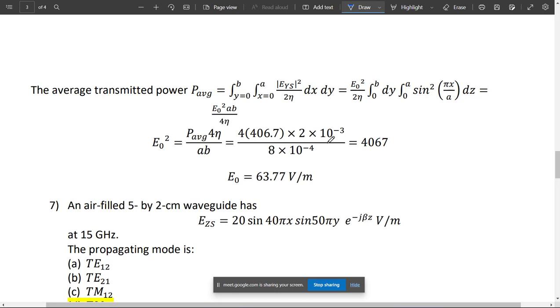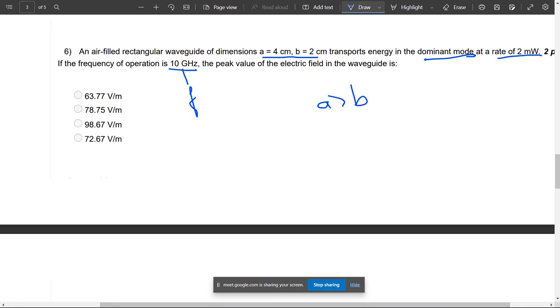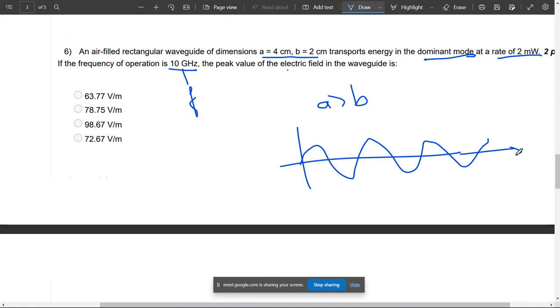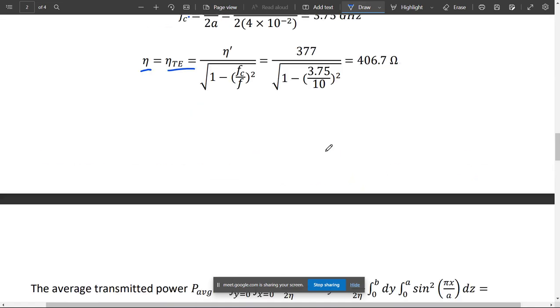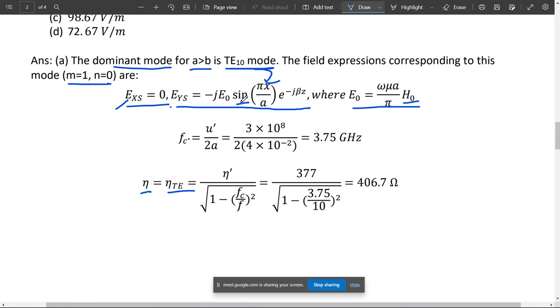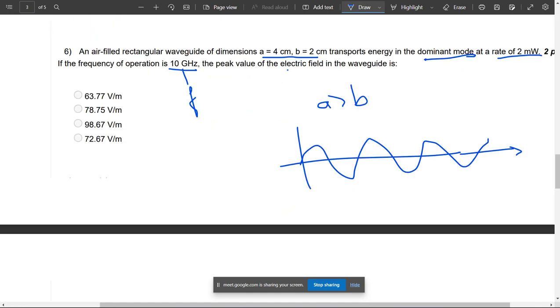Now for the average power, if we have to find out E naught, here the peak value of the electric field, something like this can be taken as E, having a sine. Some kind of sine curve is given.